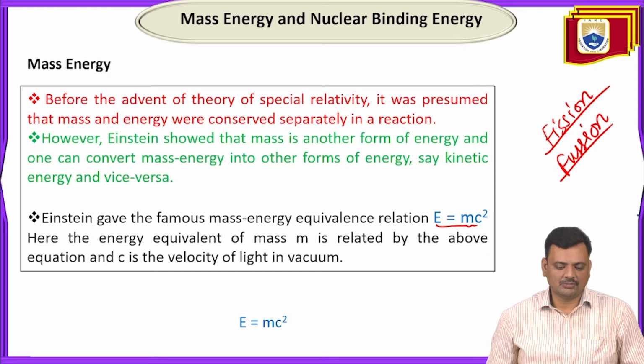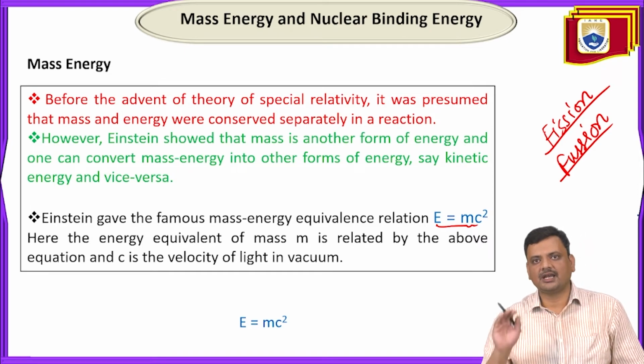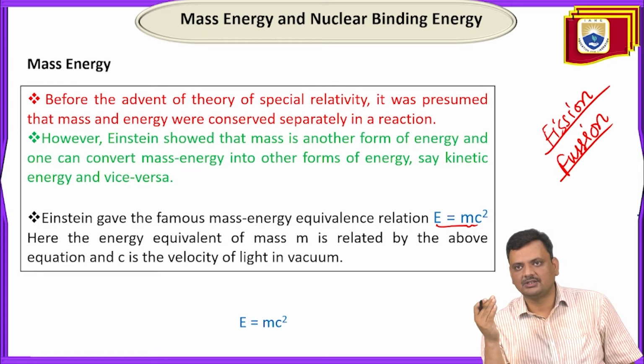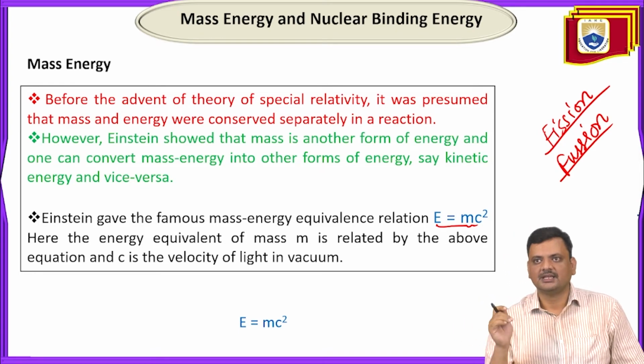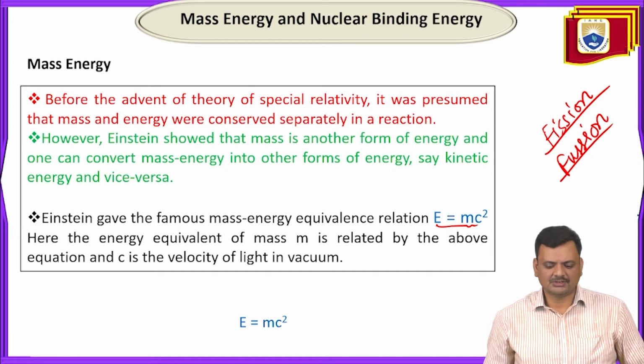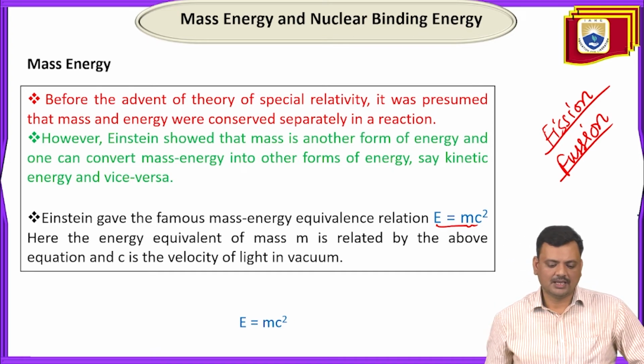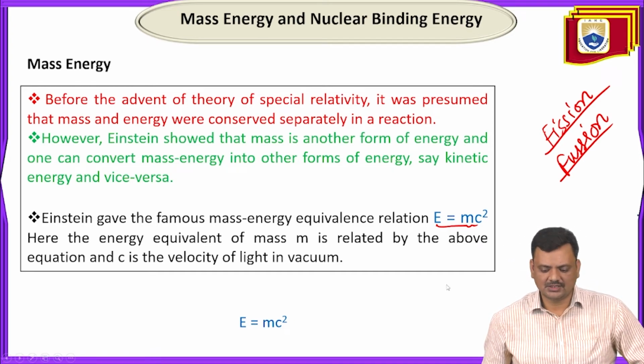However, Einstein showed that mass is another form of energy, and one can convert mass energy into another form of energy, say kinetic energy, and vice versa. So Einstein gave the famous mass energy equivalence relation E = mc². Here the energy equivalent of mass is related by the above equation, and c is the velocity of light in vacuum.